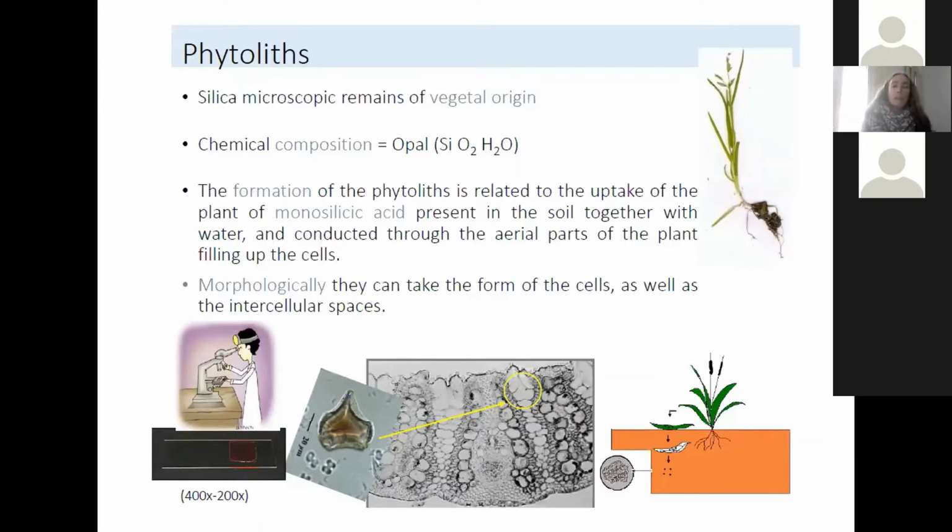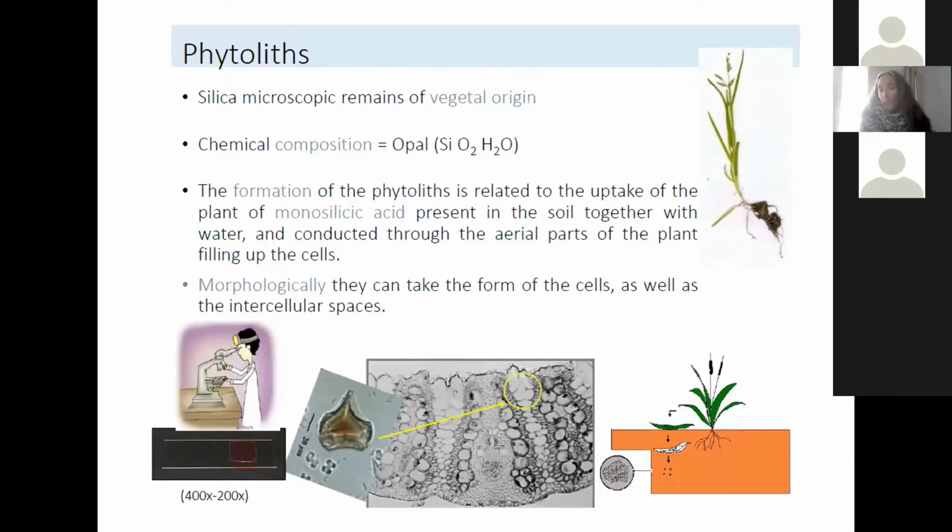Nutrition for the plant, and these are conducted through the aerial parts of the plant, filling up the spaces inside the cells, but also in between the cells. So the morphology can take the form of the cells, but also the intercellular spaces.